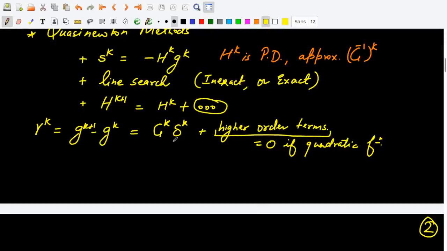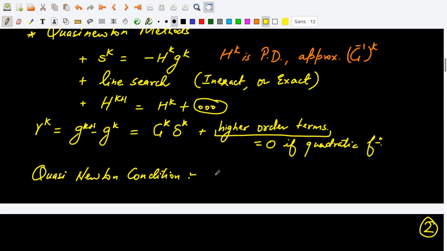So since we want to avoid computing Gk and its inverse, we use the quasi-Newton condition, which must be satisfied by these methods, and this is sort of the defining condition for these methods.